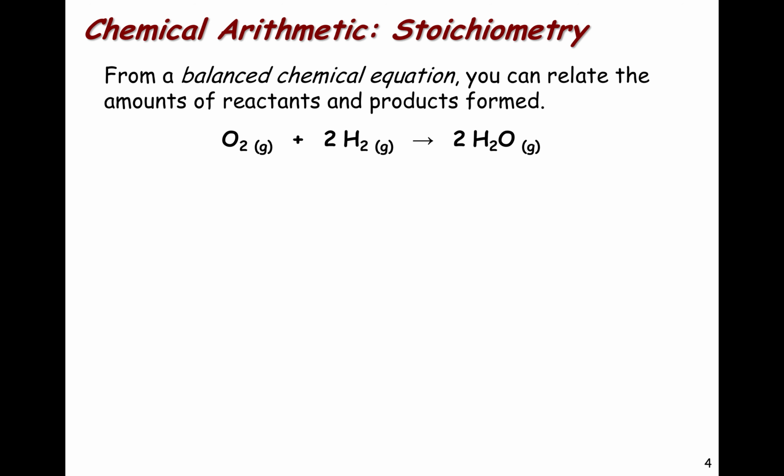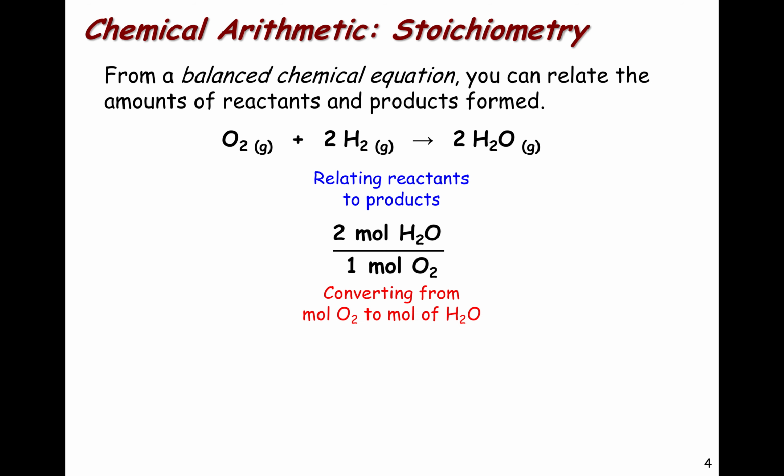If we combine 1 mole of oxygen with 2 moles of hydrogen, that is exactly the right ratio to end up forming 2 moles of water. So we can use these various ratios to do different types of calculations, and this can represent a conversion factor between these various species.